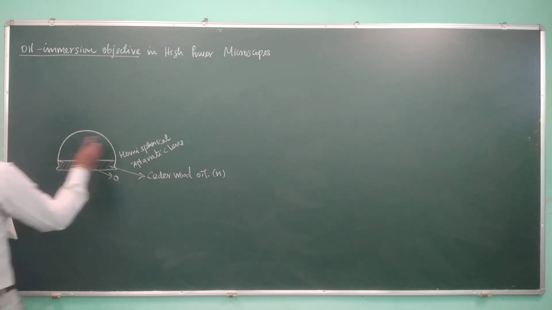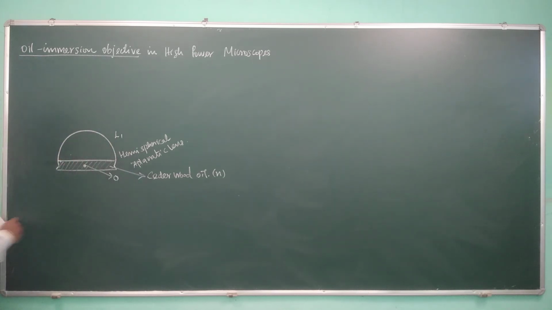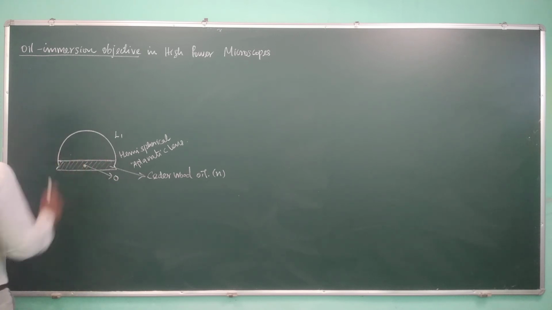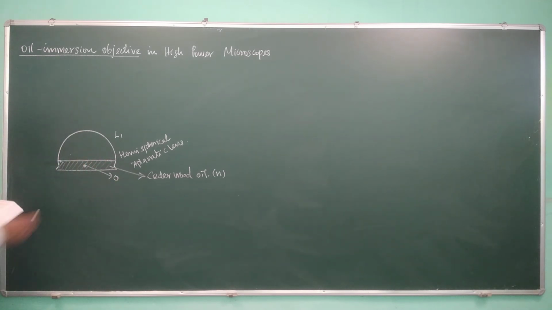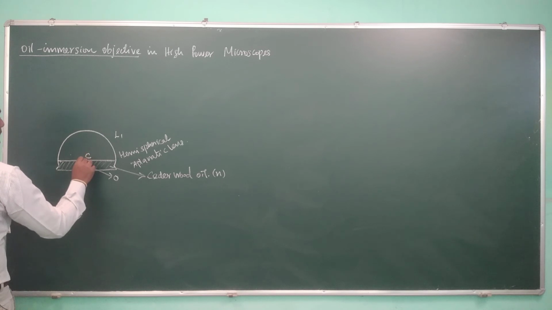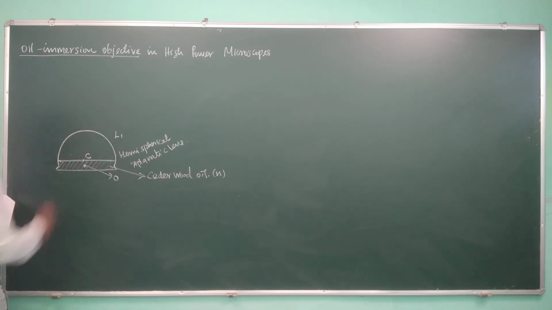Let us consider this lens system as L1. The lower plane part is close to the object. Let C be the center of curvature of this lens system.